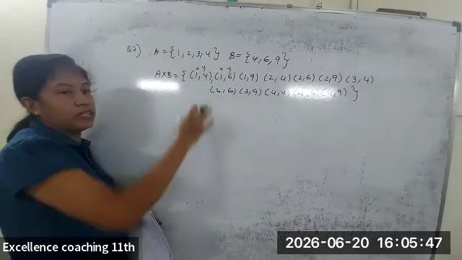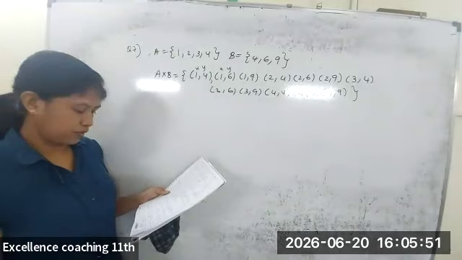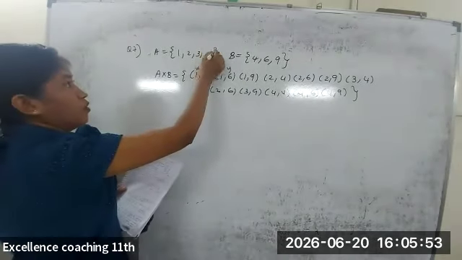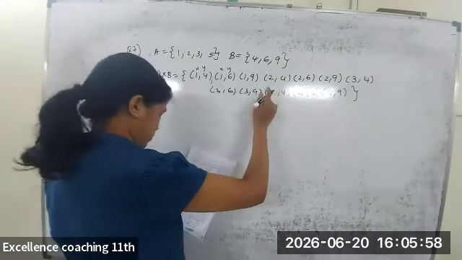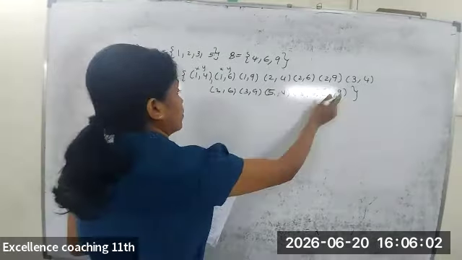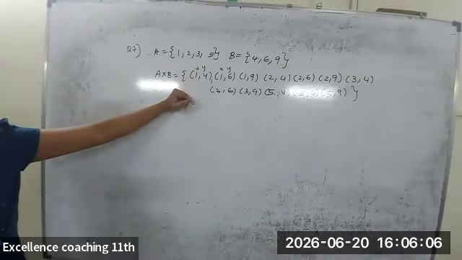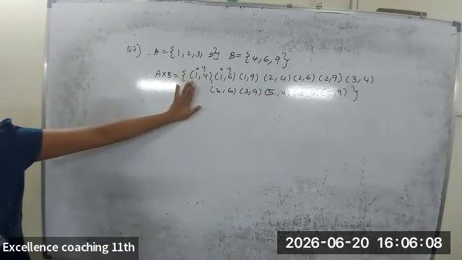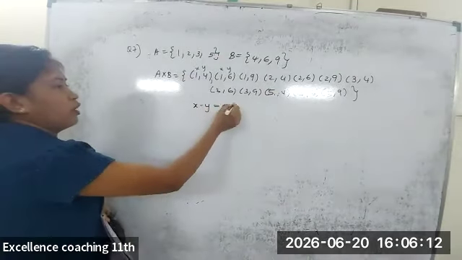Subtract and see. 1 minus 4 is minus 3. Now just subtract and see. Whether it is negative or positive, that doesn't matter. It should be odd. So x minus y should be odd.